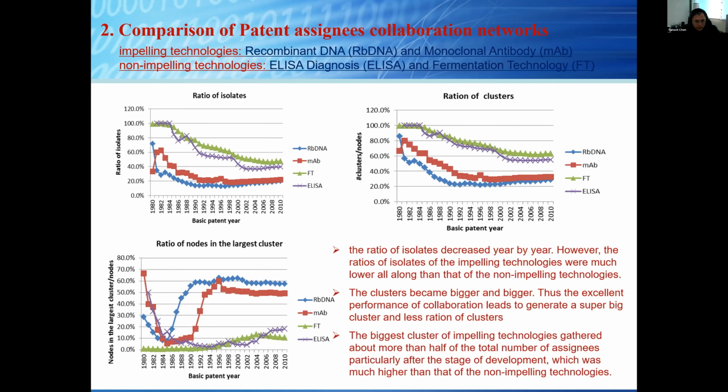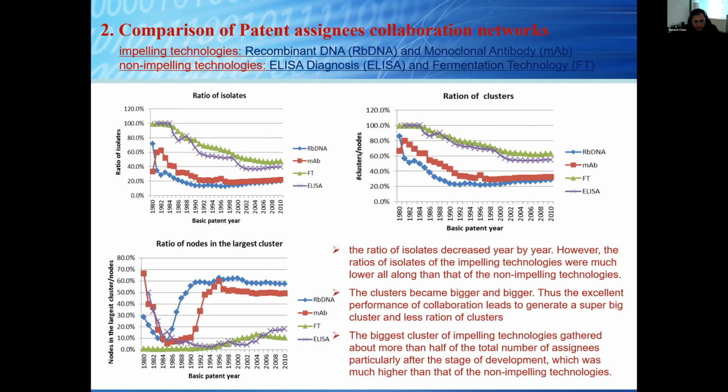For example, recombinant DNA and monoclonal antibody technology are very important contributions to the huge progress in the field of life science. We call such technologies impelling technologies.